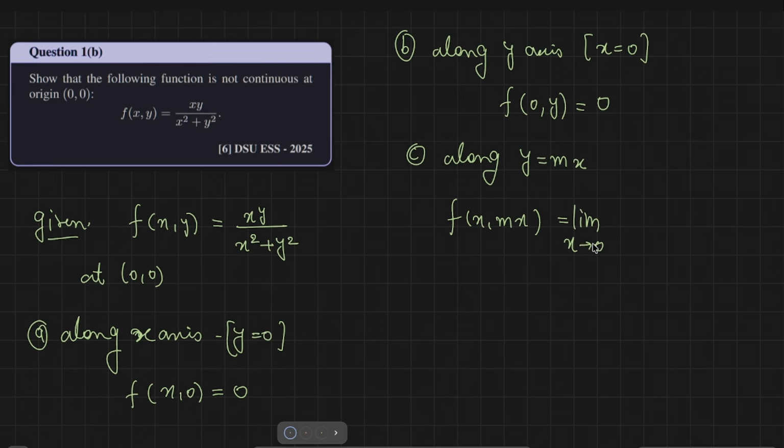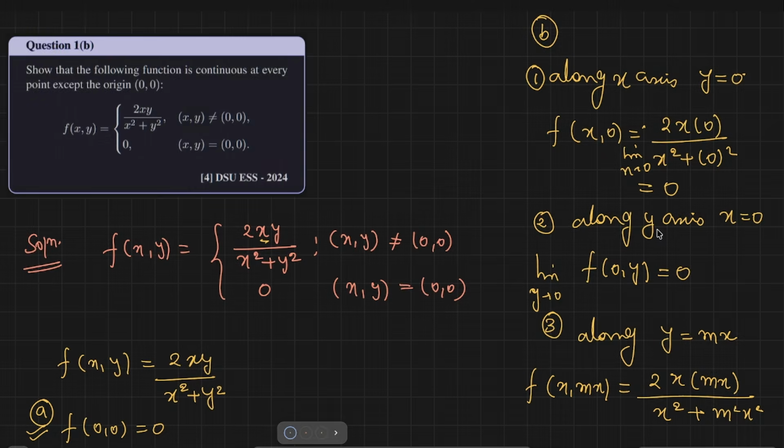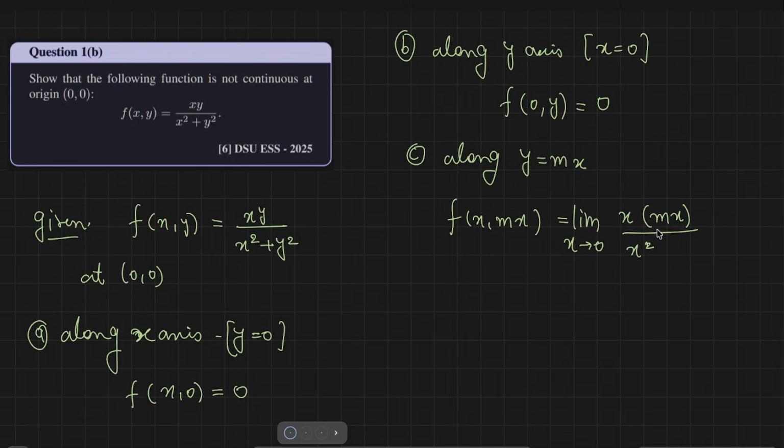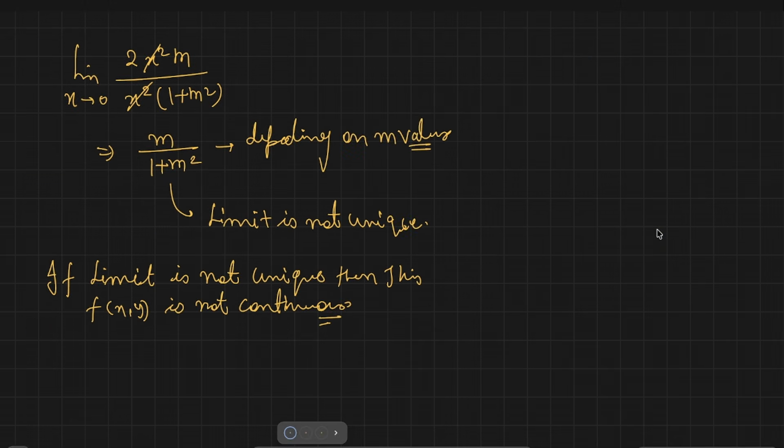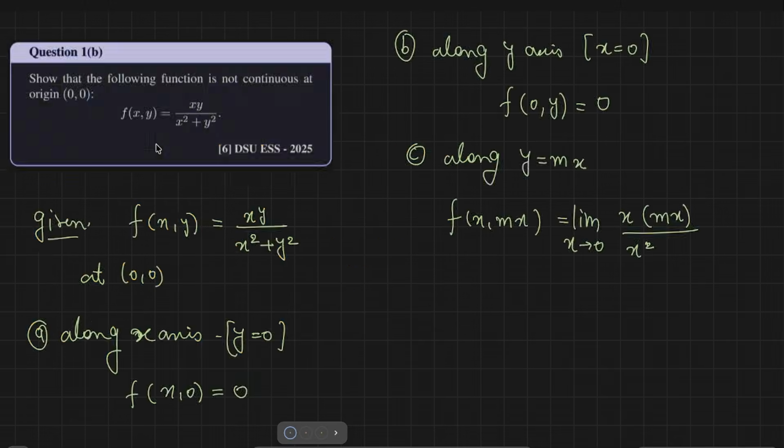and you apply the limit x tending to 0, and it is x times mx on x square, and it is actually 2m.